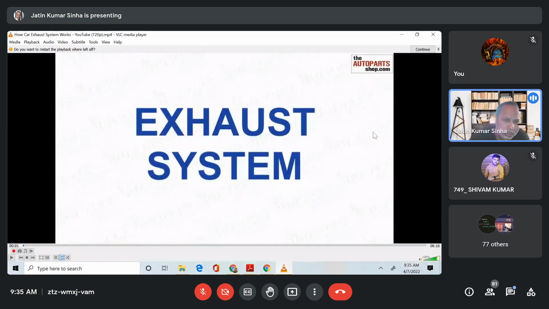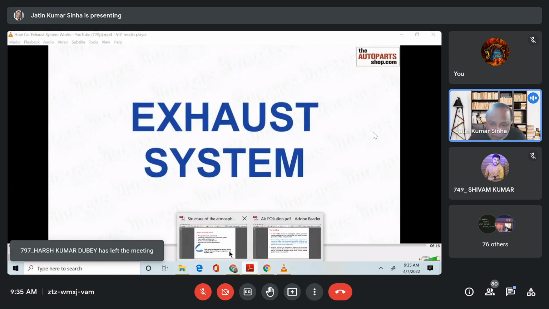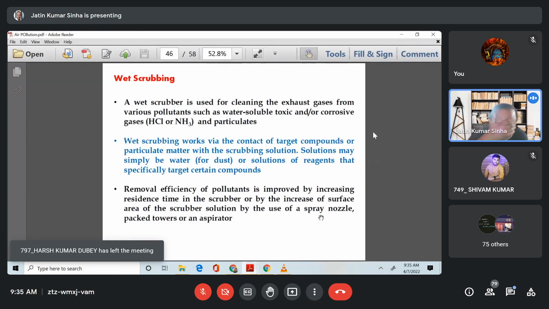What happens here basically is that the exhaust air enters that system, and then it is exposed to some chemicals.